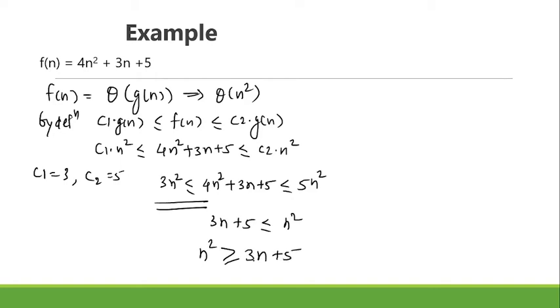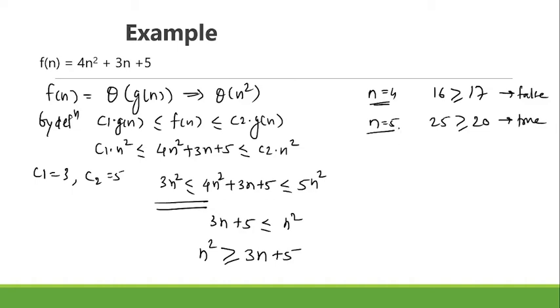Now n square and 3n will match at n equal to 3, but we have plus 5. So let us start checking from n equal to 4. N square will be 16 greater than or equal to 4 3s are 12 plus 5, 17, which is obviously false. So I move ahead for n equal to 5. This is 25. 5 3s are 15 plus 5, 20, and that is true.